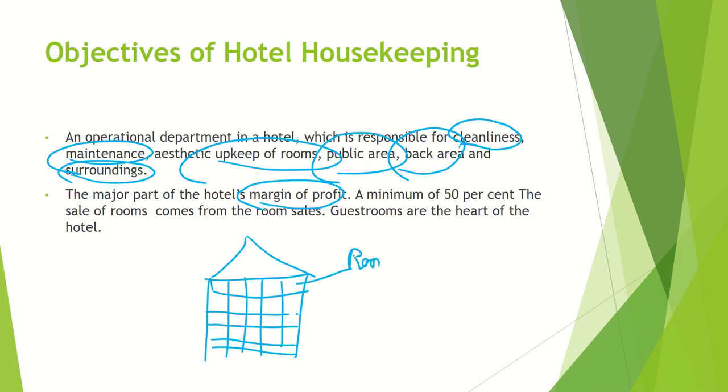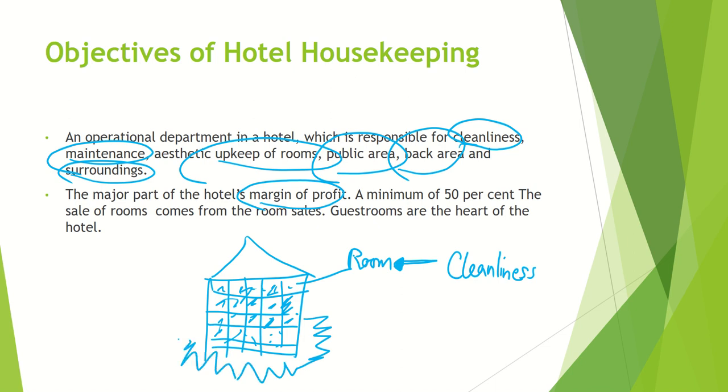Room, right? People come to stay in the hotel, stay in a room, and the room needs cleanliness. If all rooms are dirty, or if the room or the hotel surrounding is dirty, for sure guests do not come.